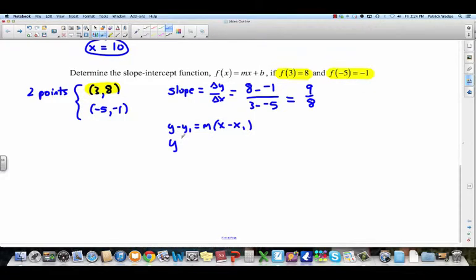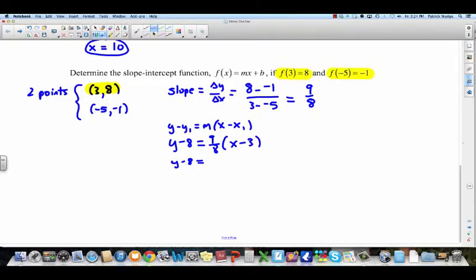Y, take away the y value, so y take away 8, equals the slope, 9 over 8, times x, take away the x value, which is 3. We want to put this in slope-intercept form, so I'll do this in a couple steps. I'll leave the 8 over here for now.